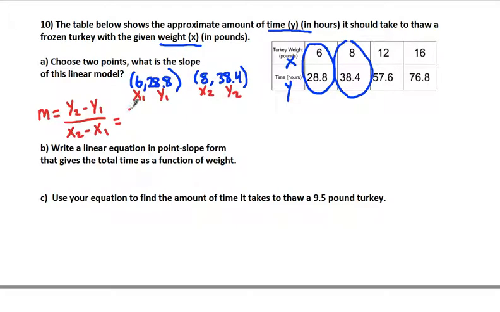So y2 is 38.4 minus y1, which is 28.8, divided by x2, which is 8, minus x1, which is 6. Okay, and then you just type that in your calculator, and you should get 4.8. That's our slope.